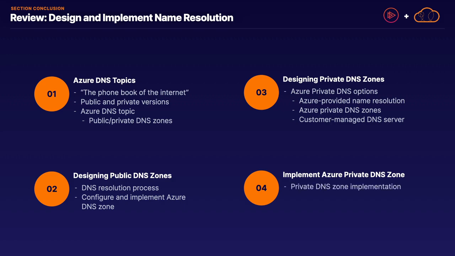We first focused on how to implement Azure Private DNS Zones, focusing on the relationships between automatic and manual records. And we then covered a hybrid scenario for DNS resolution in which an on-premises network needs to forward DNS queries against Azure resources, in which we learned the proper solution is to use an on-premises DNS server, which then forwards queries to a DNS server that exists in your virtual network.